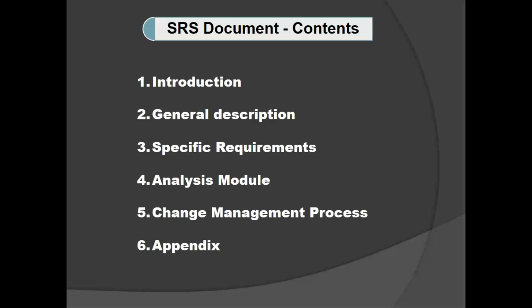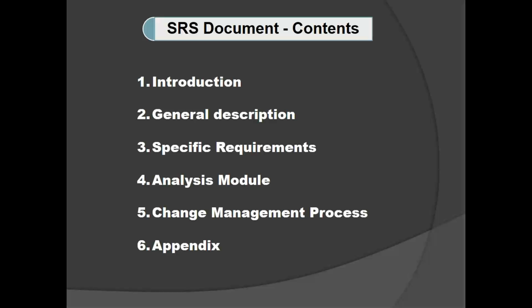Again in introduction we have some subsections: first one is purpose, second one is scope, third one is abbreviations, fourth one is acronyms, and fifth one is overview. Sorry, fourth one is reference and fifth one is overview.